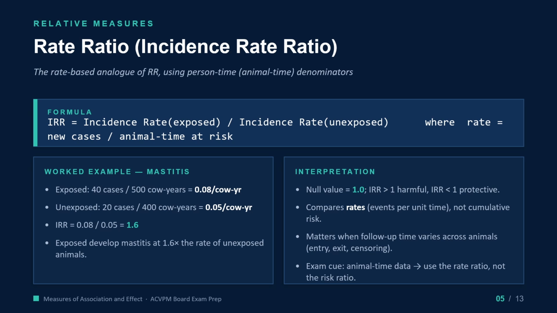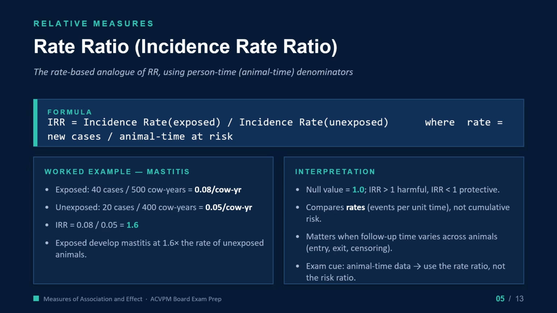Interpretation parallels the RR exactly. Null value is 1. An IRR greater than 1 indicates a harmful association. IRR less than 1 indicates a protective one. The key difference from RR is conceptual. We're comparing rates, events per unit of time, rather than cumulative risk proportions.